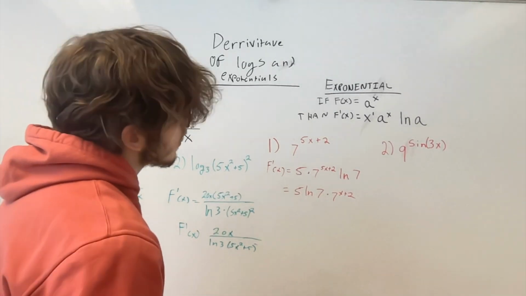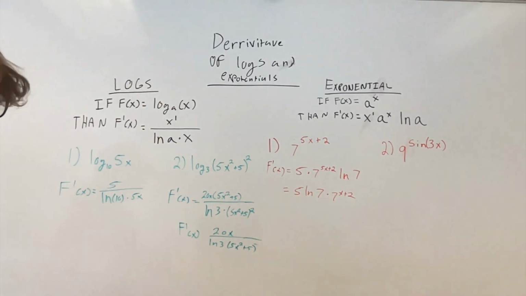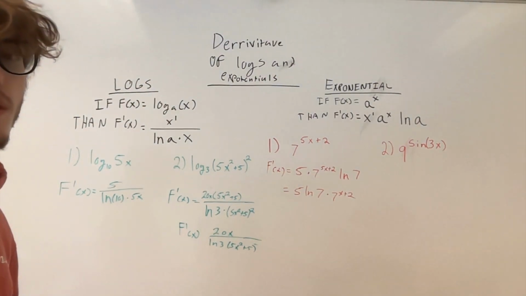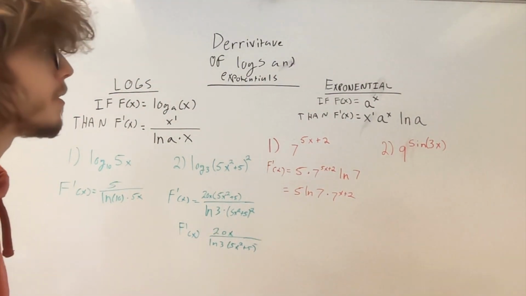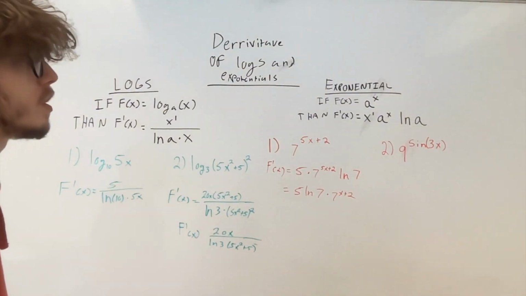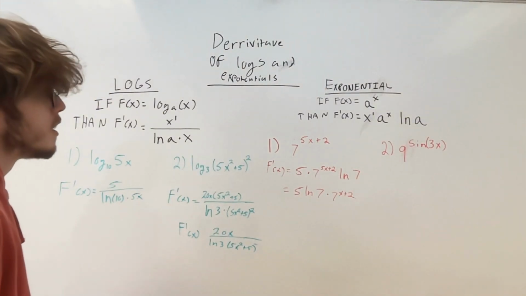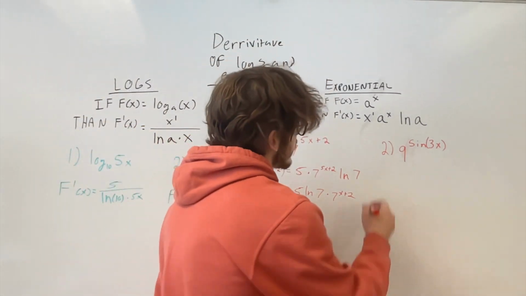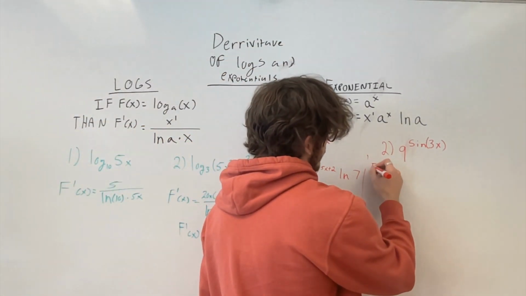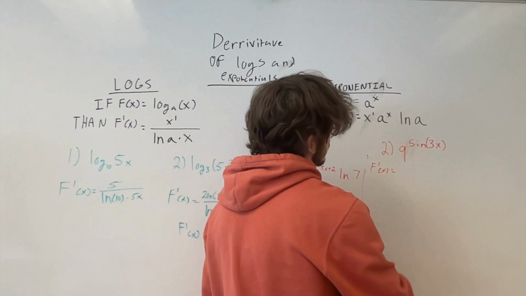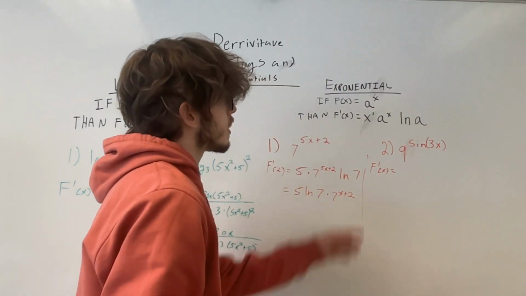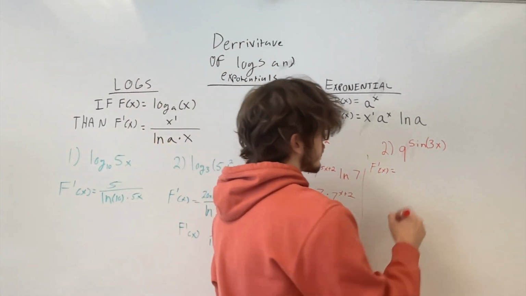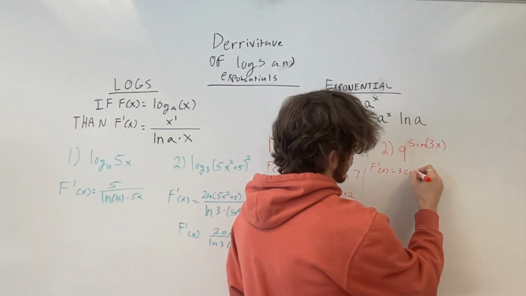Now for number 2, I just threw in a little harder example. It's nothing crazy, but it puts in trig function ideas. So f prime of x is equal to, we're going to take the derivative of the exponent, sine of 3x, which is 3 cosine of 3x.